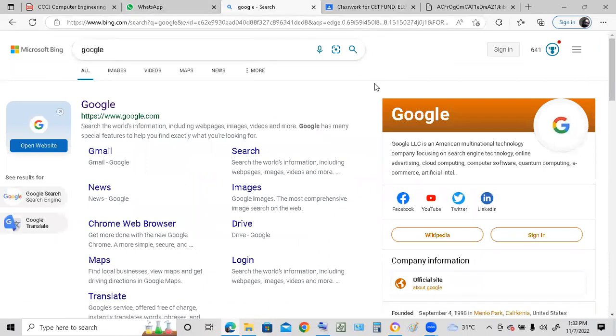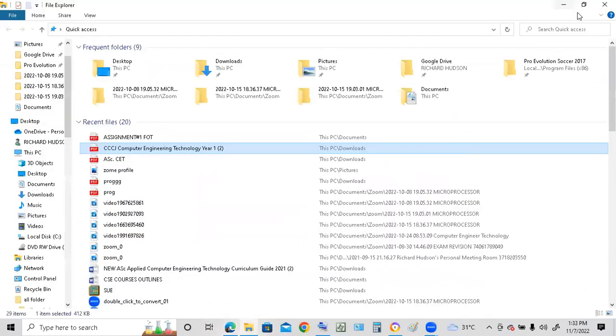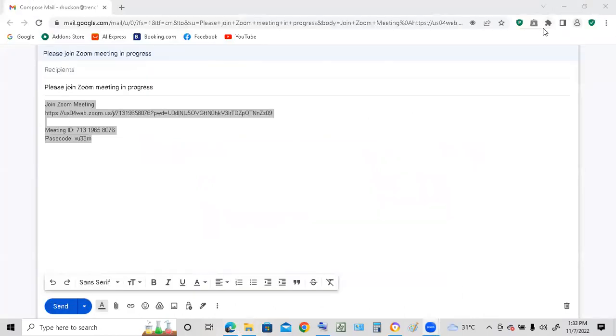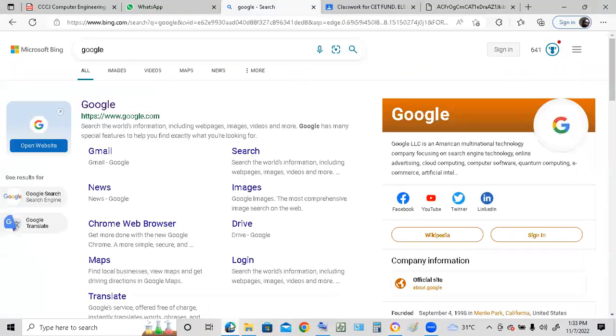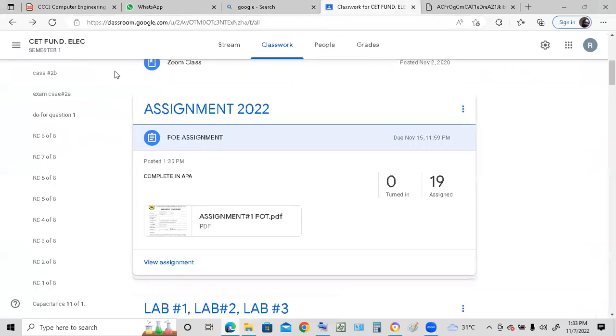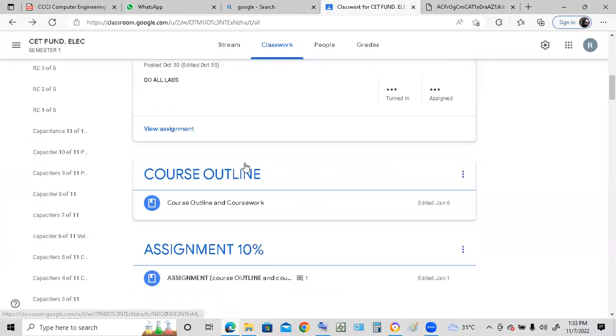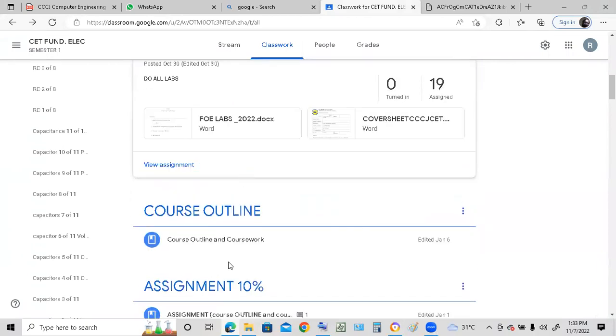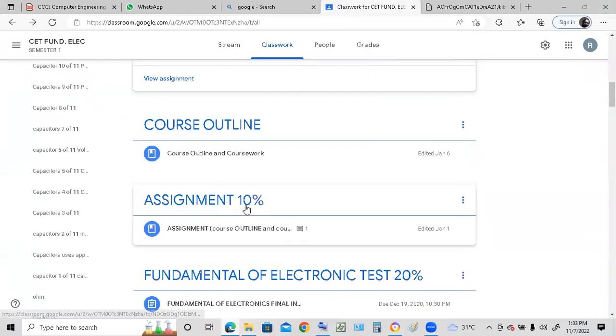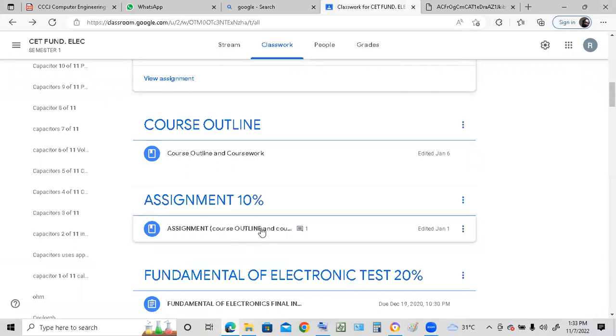So let me just go back now to this part of it. I need to go to the part of it. All right. So the labs now. So this assignment down here, you're not supposed to do this assignment.